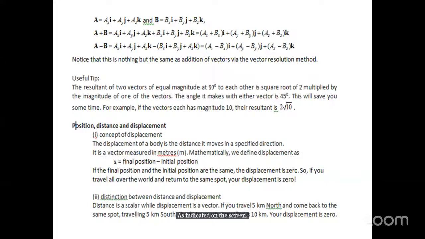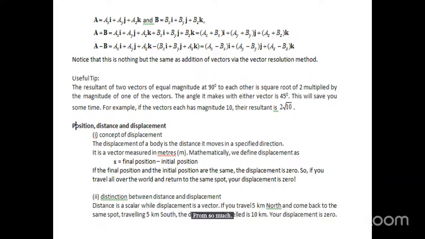Can you see the screen? Yes, sir. That is (ax minus bx)i plus (ay minus by)j plus (az minus bz)k. Notice that this is nothing but the same as addition of vectors via the vector resolution method.